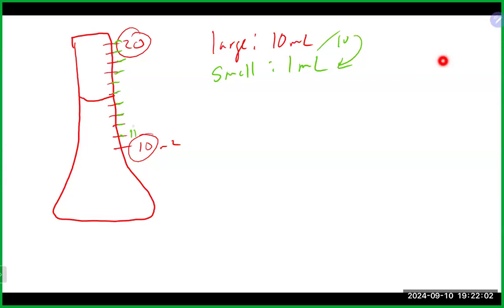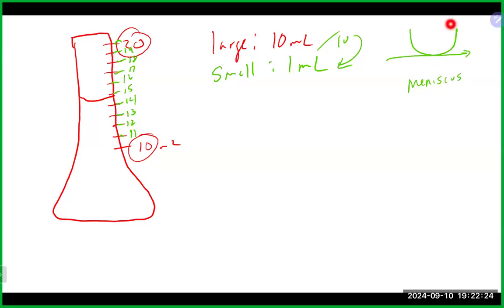That means this one's 11, 12, 13, 14, 15, 16, 17, 18, 19. And of course, when we take a reading, we want to read from the bottom of the meniscus, right? We will always get this sort of curvature, known as the meniscus.